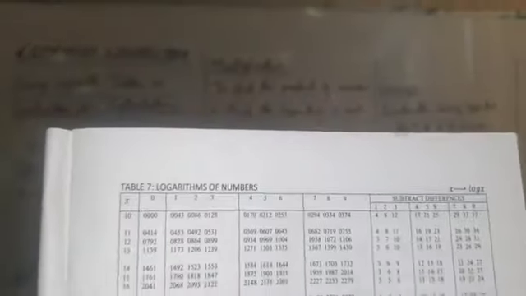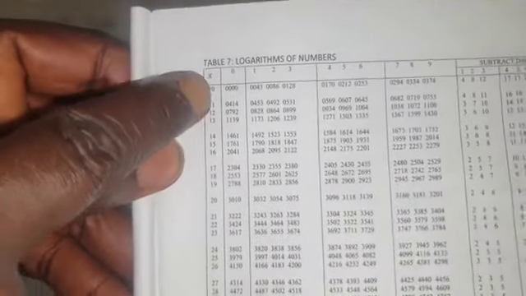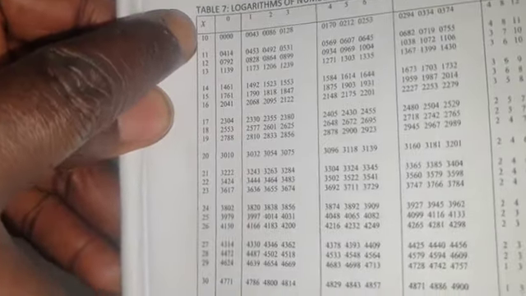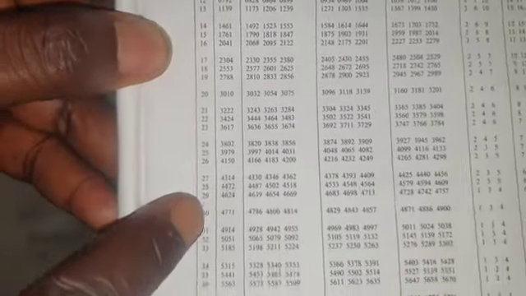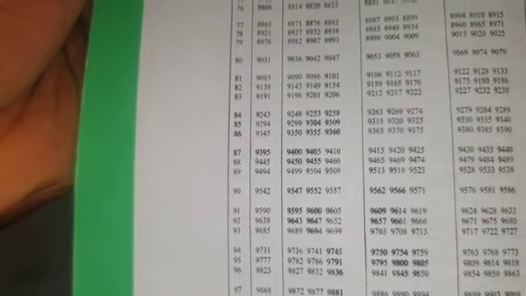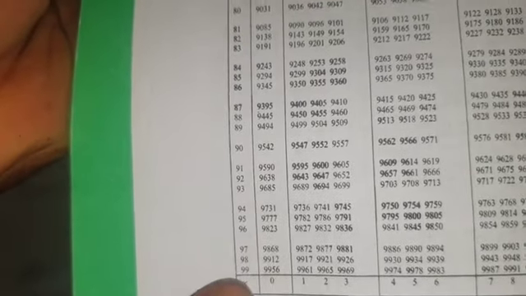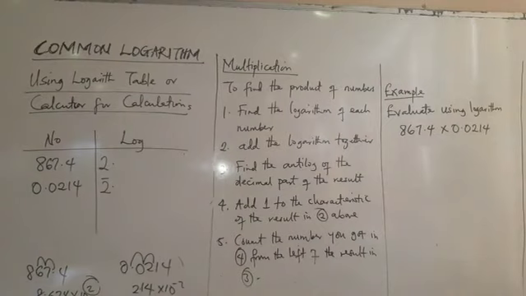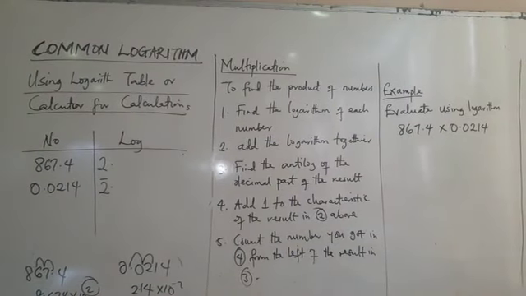Under x, we have 10 to 54. Then at the other side, continuation, we have 55 to 99. So which means we have less than 100. The digits are not up to 3 digits, they are 2 digits. So how are we going to go about this? It's very simple.